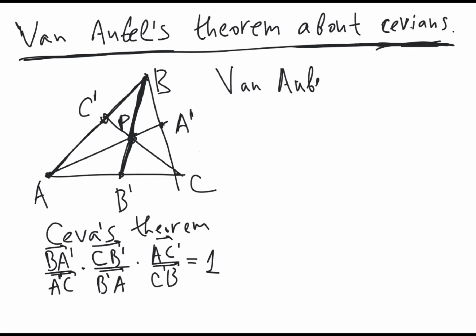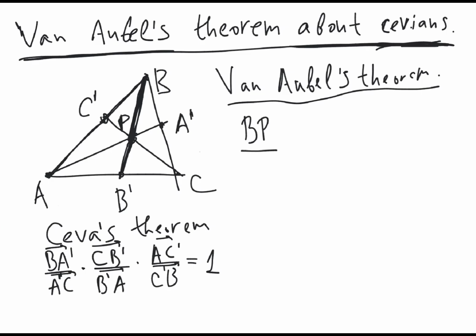Van Aubel's theorem says that we can express BP over PB prime, so the ratio in which the point P divides one of the cevians, in terms of the ratios on these sides.